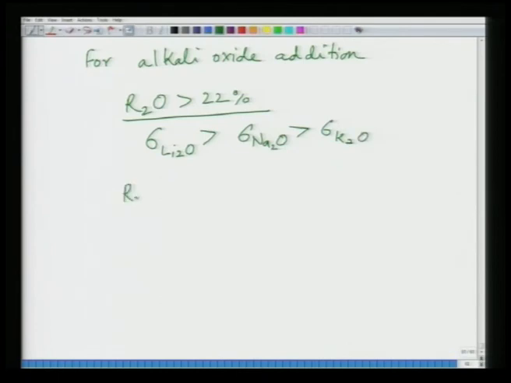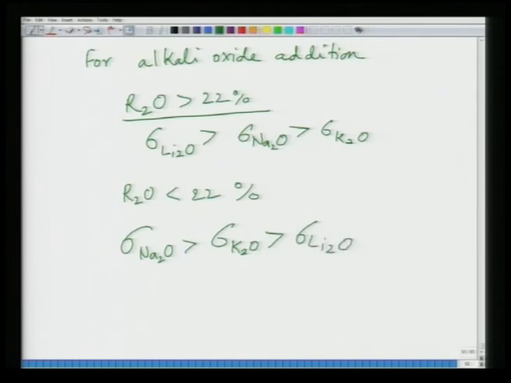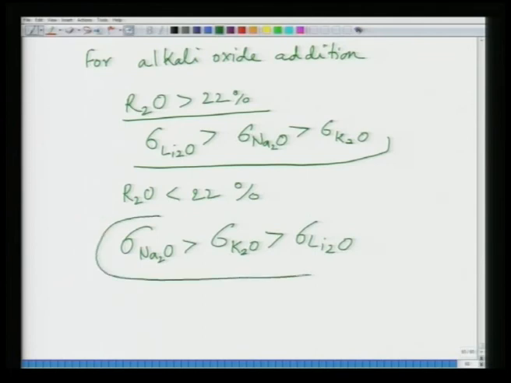But for R2O less than 22%, sigma of Na2O is the highest, followed by sigma of K2O, followed by sigma of Li2O. So, you can see that although here you have a clear cut relationship with the size, here you do not have really a clear cut relation with the size.